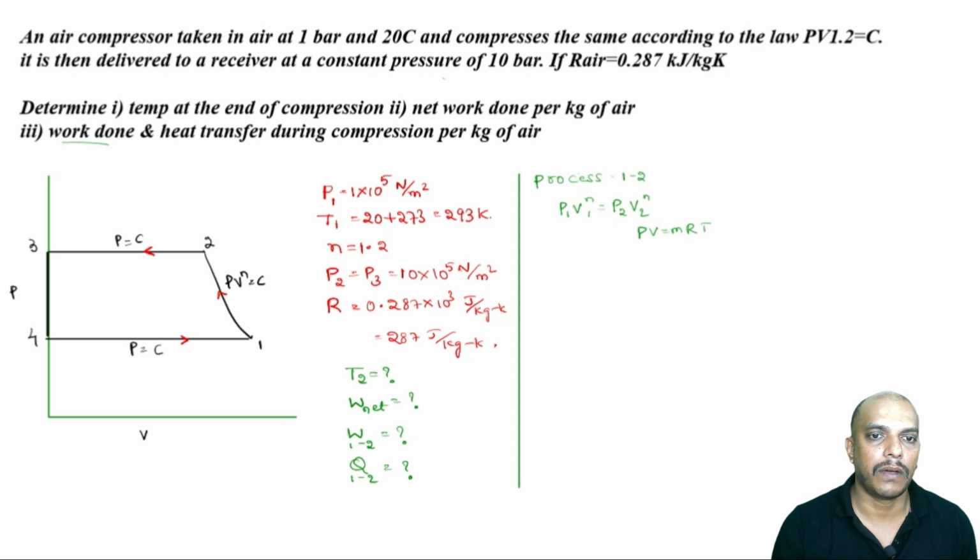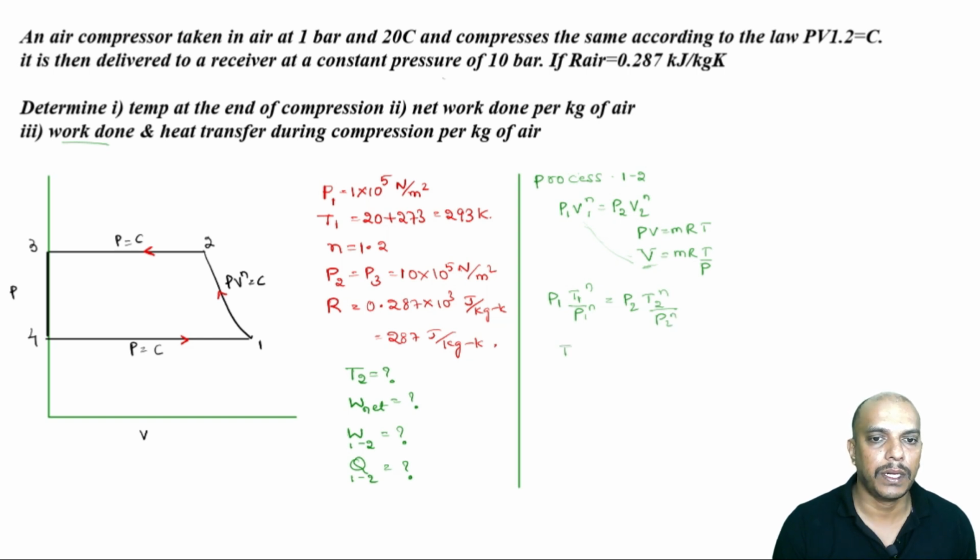In place of volume I can write MRT by P, and MR will get cancelled out, so I will not write MR. So in place of V I will write T by P. So P1, in place of V1 it will be T1 by P1 whole power n, must be equal to P2, in place of V2 I will write T2 by P2, whole power n.